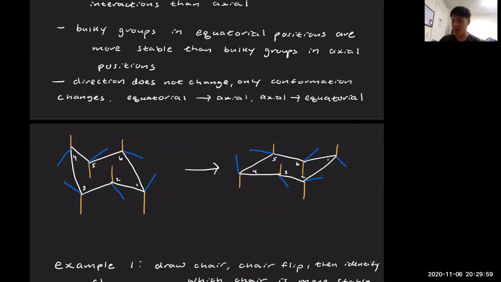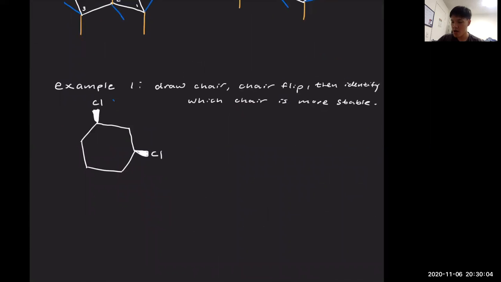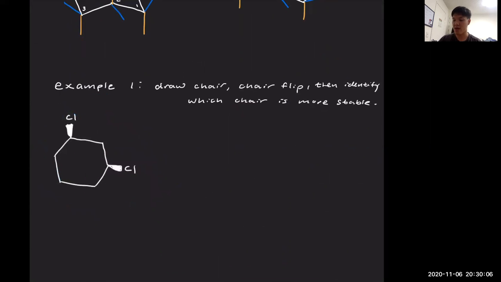So knowing that, let's try an example where we draw this molecule with the chlorines in a wedge. I hope you can pause the video and try it for yourself, but I will just do it right now. Let's first number these. I'm going to number them 1, 2, 3, 4, 5, 6, right?